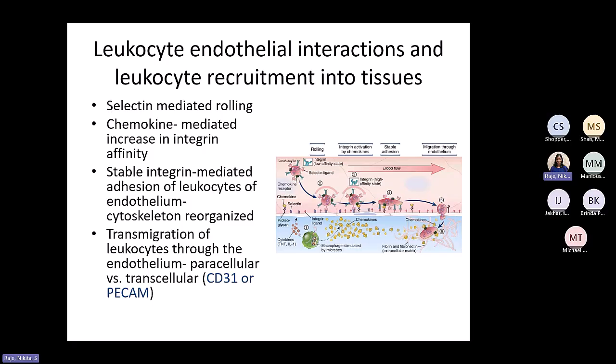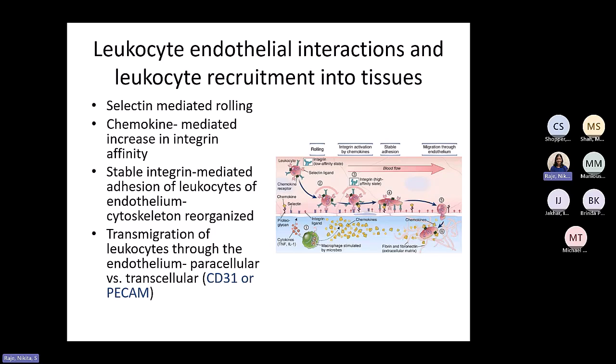And then the integrins can bind to the integrin ligands. So selectins are on the endothelium and the selectin ligands are on the cell. Instead, integrins are on the cell and the integrin ligands are on the endothelium. Those integrin ligands are ICAM and VCAM.